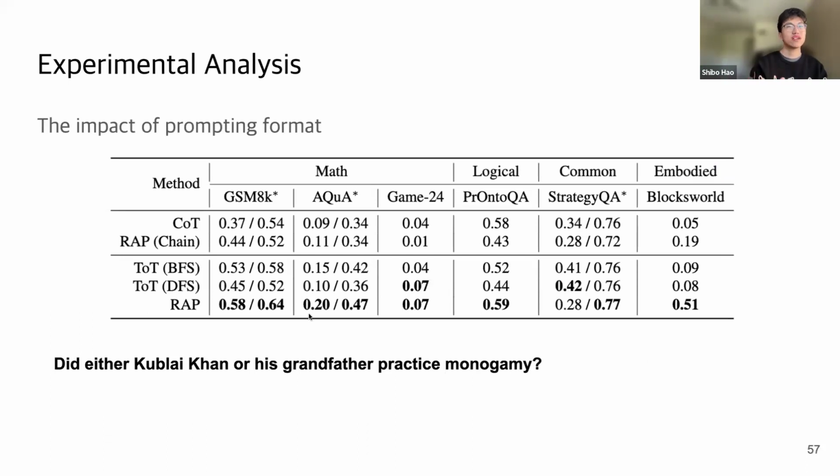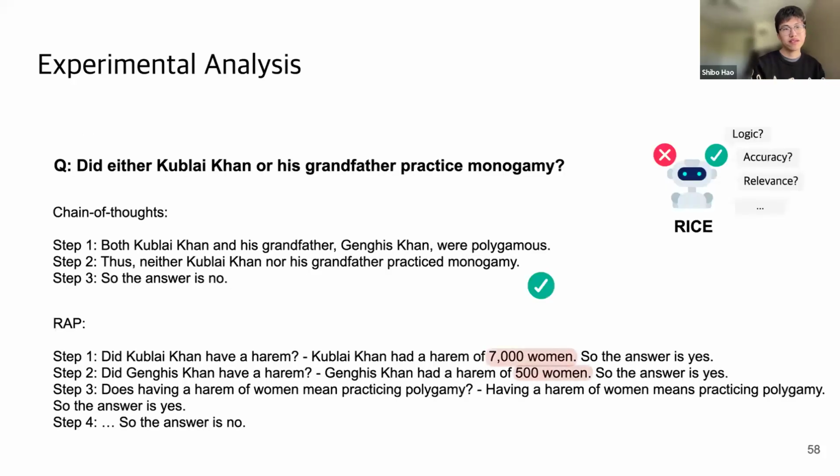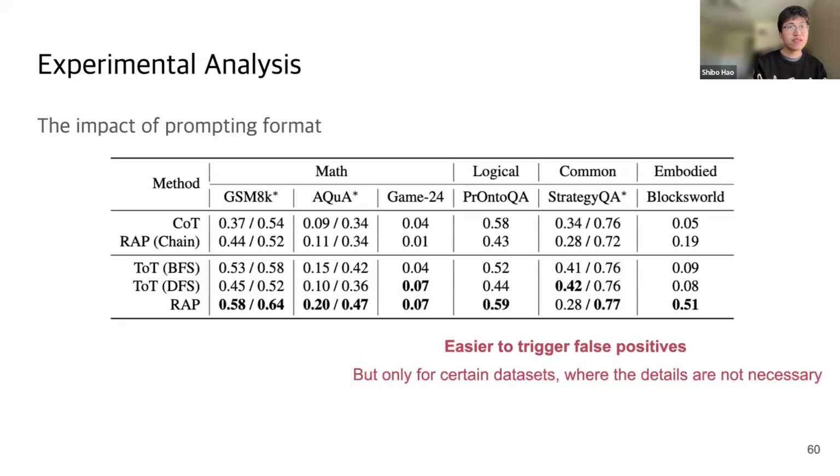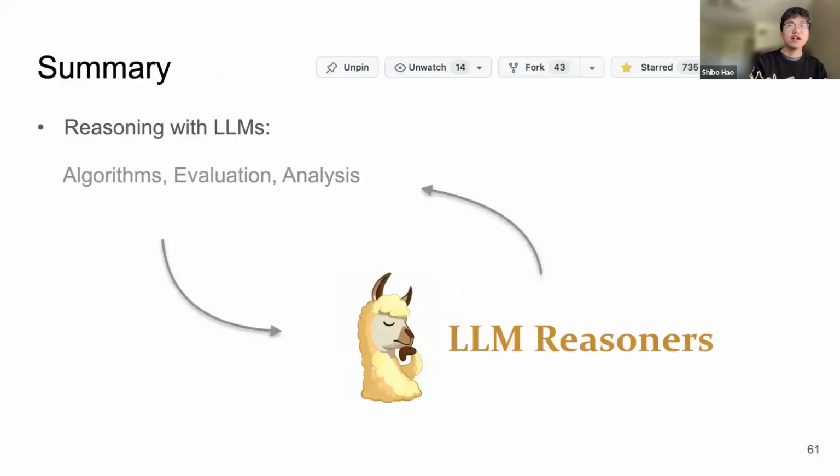So you don't care about generating too many details. Sometimes a certain format of prompt is easier to trigger false positives. Yeah, I guess that's pretty much of it.